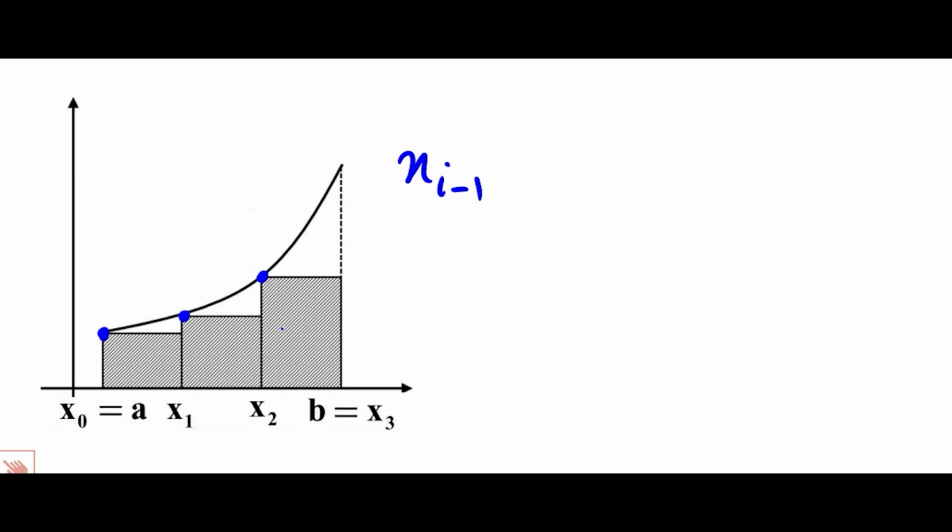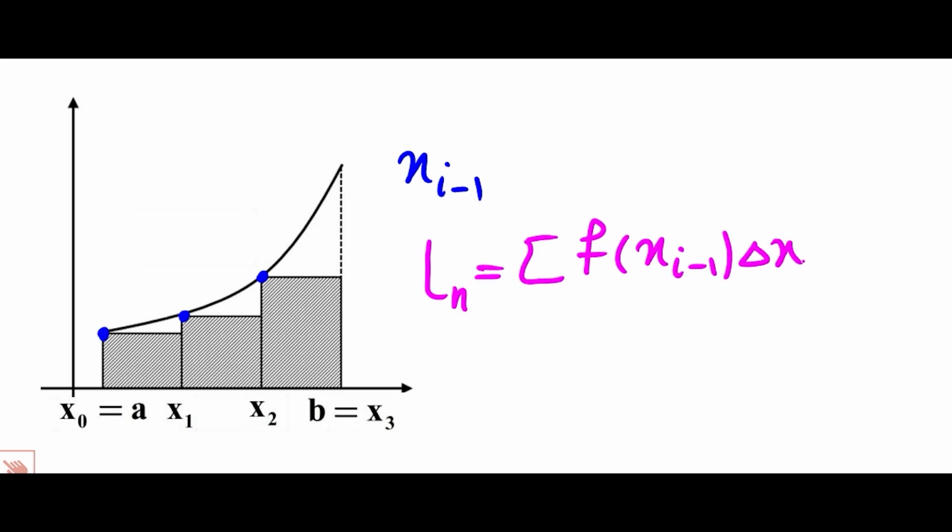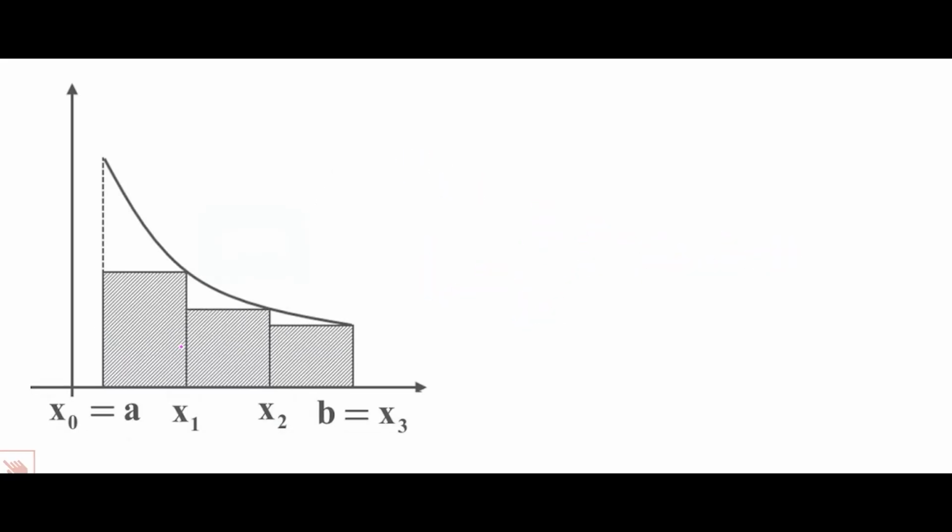This gives us a deficient approximation, meaning an underestimate, because the rectangles stay below the curve, right? So the lower sum means L n equals the sum of f of x i minus 1 times delta x from i equals 1 to 3.